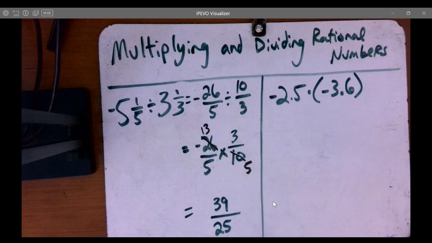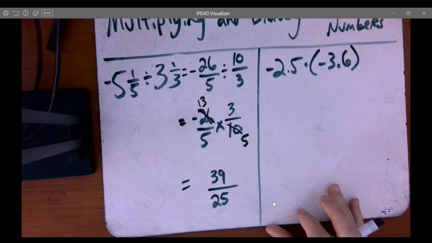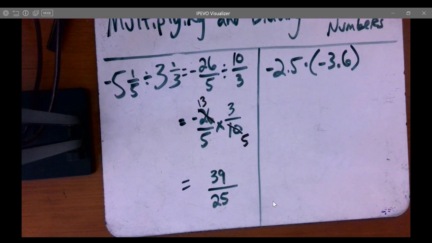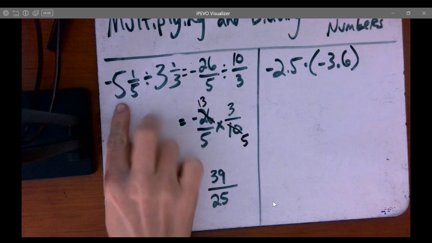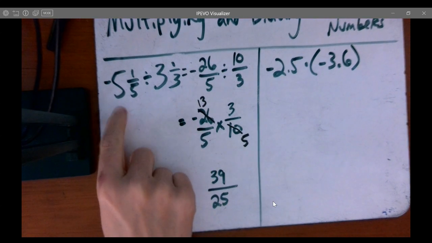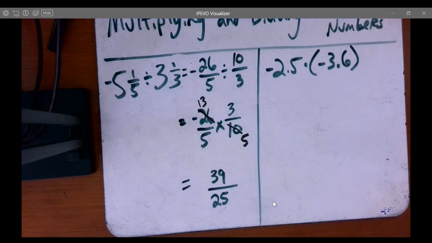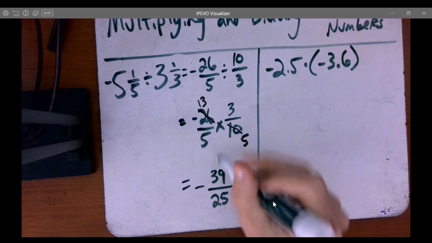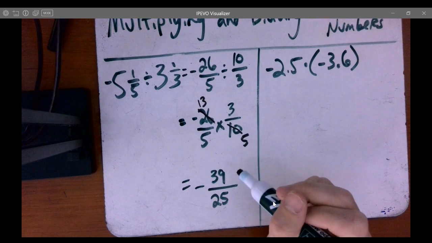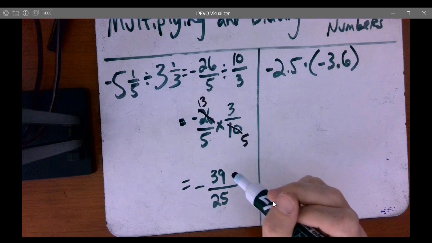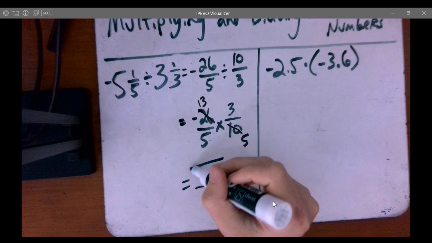39 and 25 don't have any common factors, but I also need to use my prior knowledge from Unit 1, which is that anytime the signs are opposite, so one number is negative and another number is positive, the quotient is going to be negative. And that rule, as you probably remember, works for both multiplication and division, not addition and subtraction.